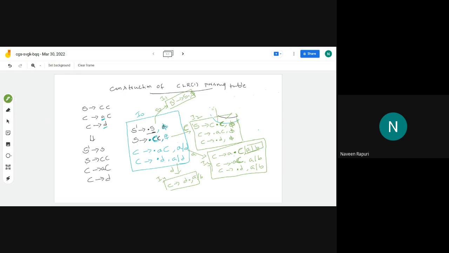If I expand this one, I can get S derives C C dot, comma dollar, because by using the go to function the dot symbol is moved towards the right by one symbol. So this is completed. We cannot add any other productions, because the dot symbol has ended. After that we don't have any non-terminal symbol.